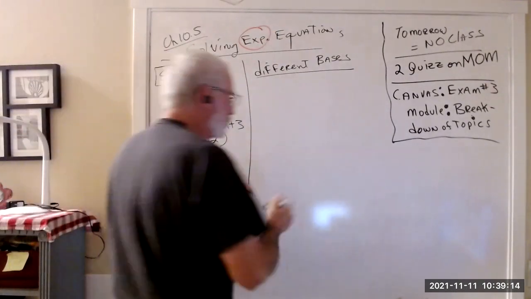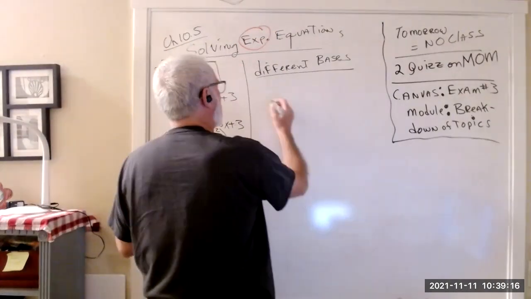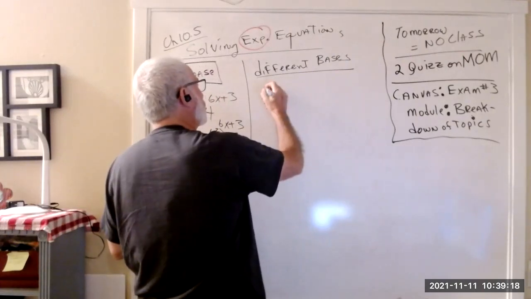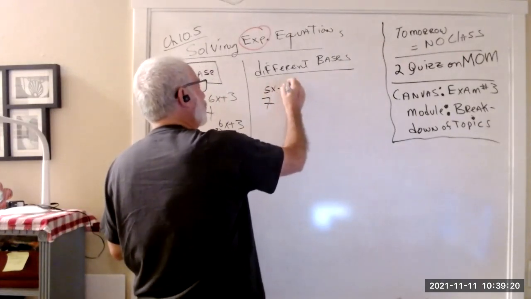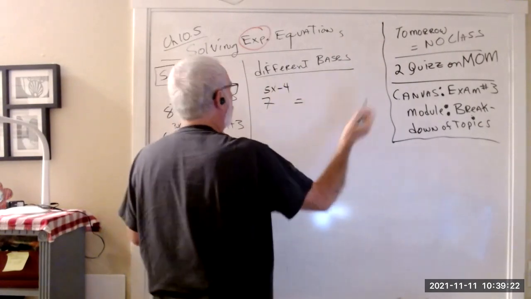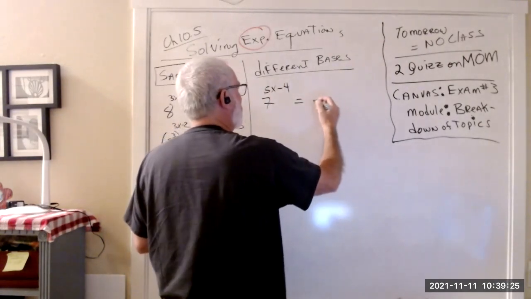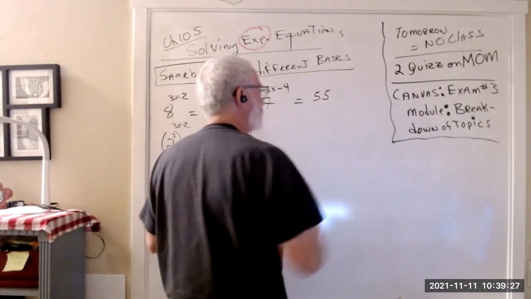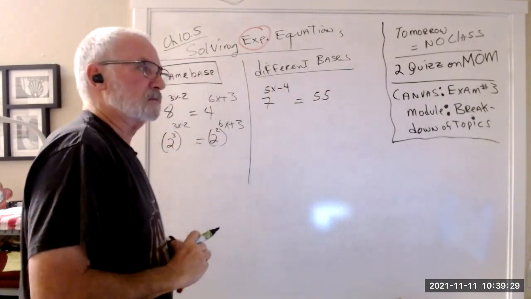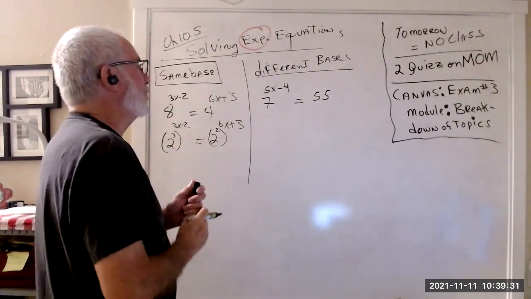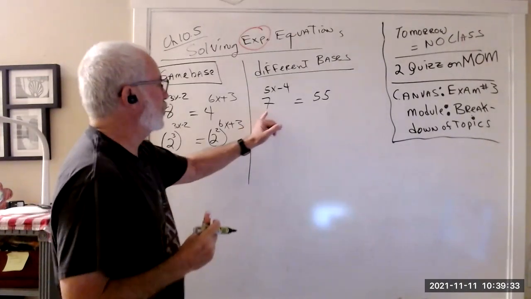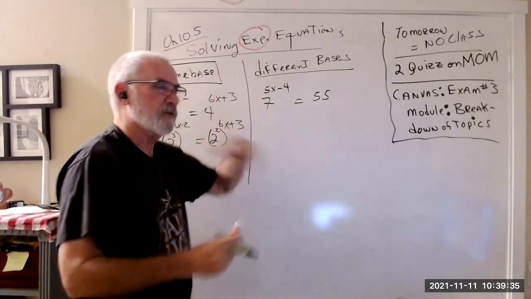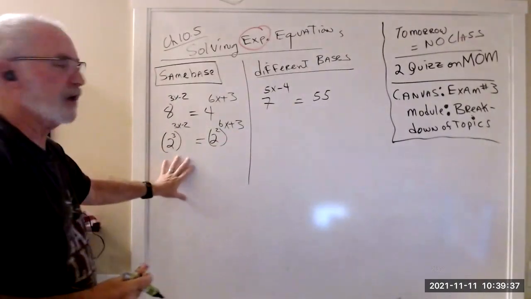Well, to make up a problem, let's say we have 7 to the 5x minus 4 equals, I don't know, let's go 55. There's no way that you can break 7 into 55. You can't do this as the same base problem.